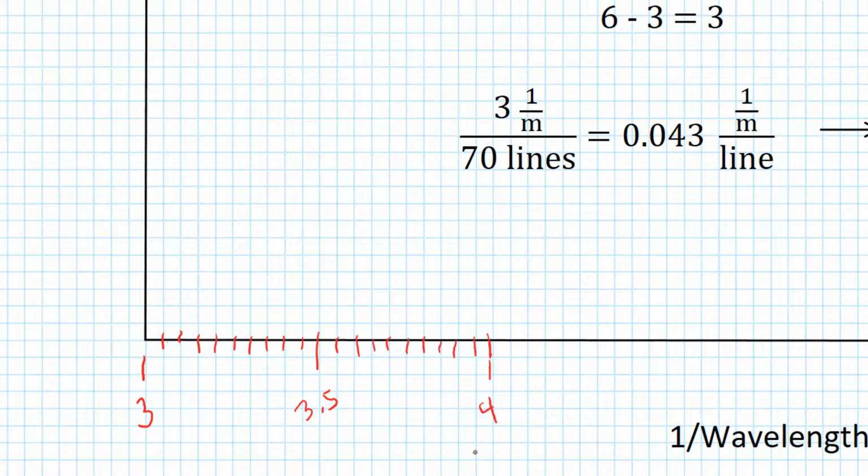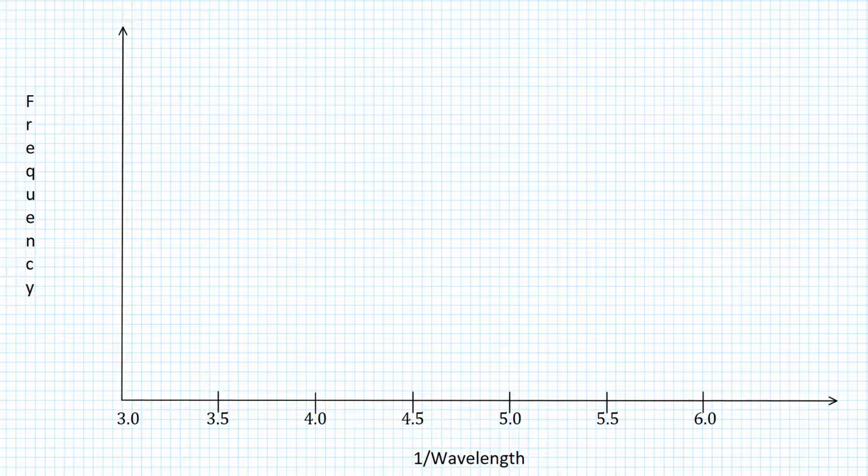So every 10 lines on my graph paper increases my 1/wavelength number by a half. 20 lines increases it by 1. And this is what my scale looks like now that I've added it to the x-axis.